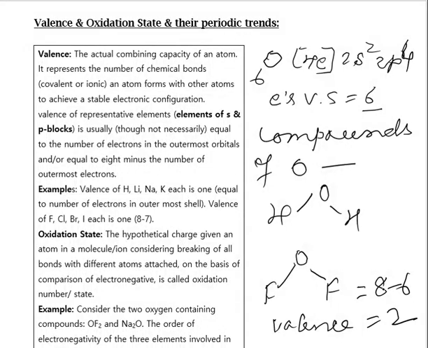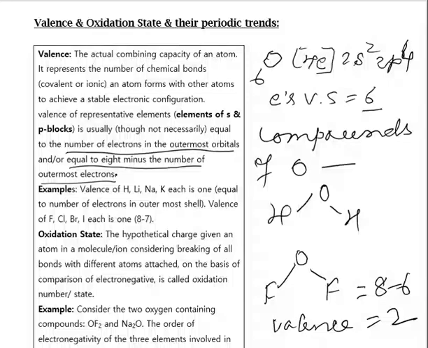What is 8? 8 is the octet. It is the outermost electronic configuration of noble gas elements. So therefore it is said that the valence of an element is the number of electrons in the outermost shell, or 8 minus the number of outermost electrons.